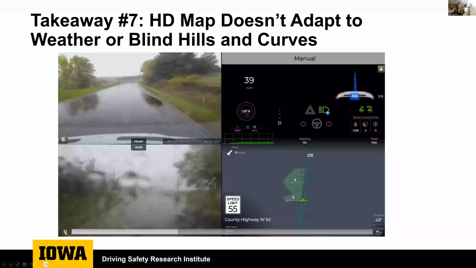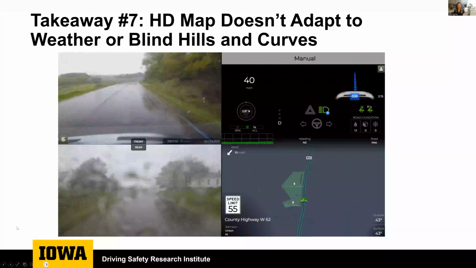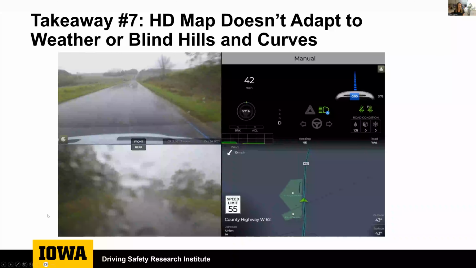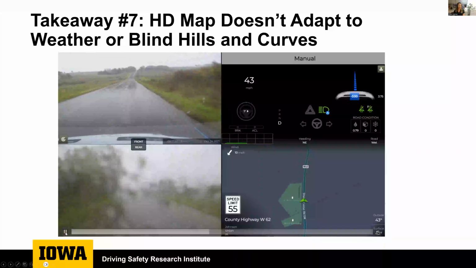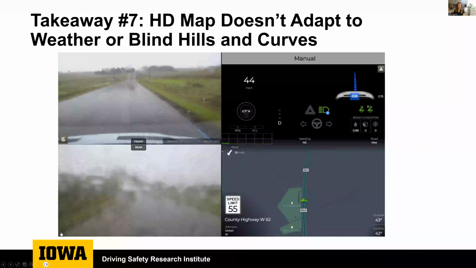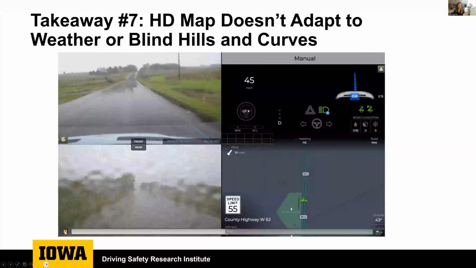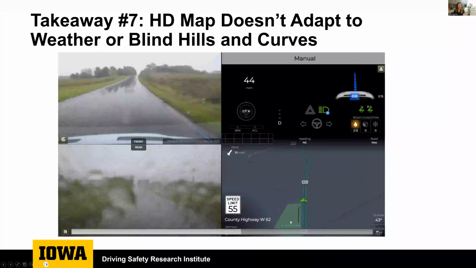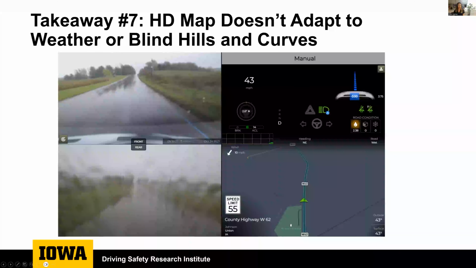However, there are a couple of hills on this road where you can't see if there was someone coming from the other direction. And there are also some curves that were fairly tight. So in both of these cases, a typical driver would likely slow down, but the transit did not, which is why you can see in this video here that the safety driver took over from the automation at those locations.